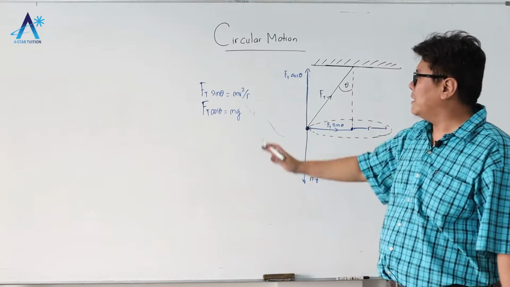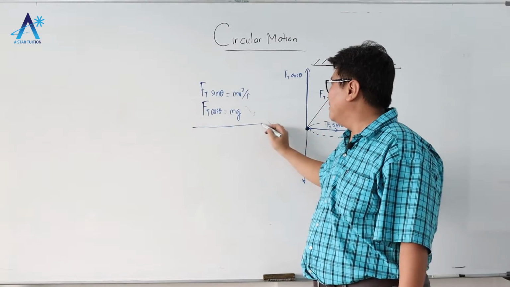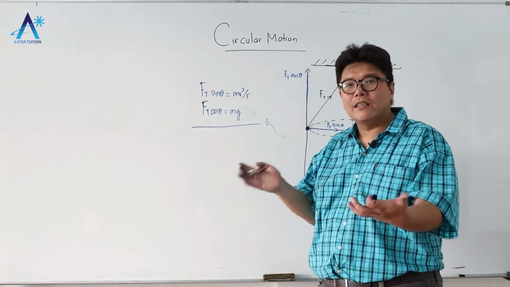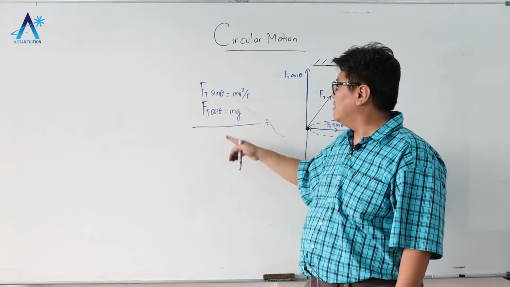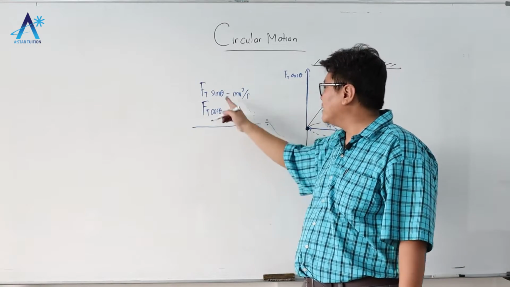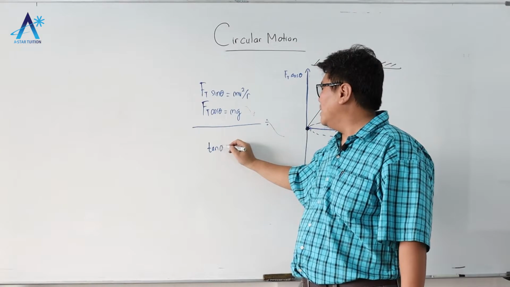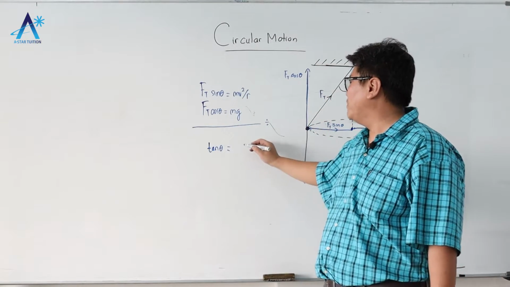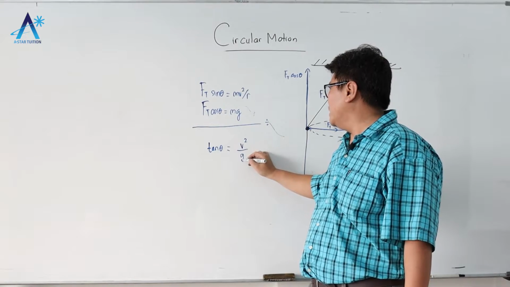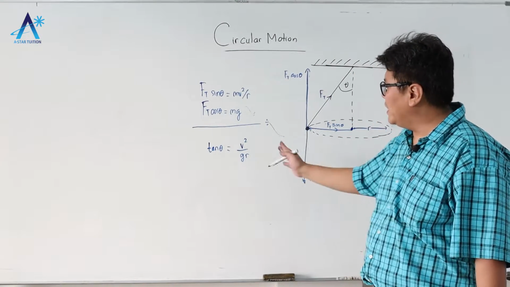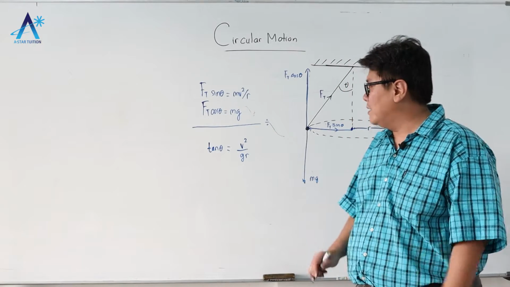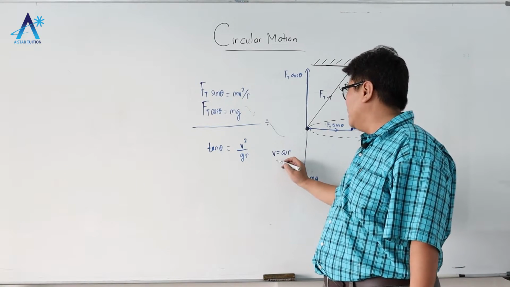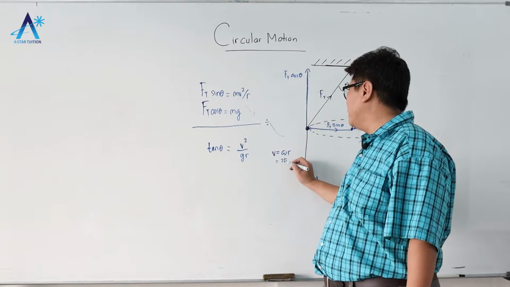Now we can do some manipulation algebraically by dividing these two equations, in which case the Ft cancels. And you only have sine over cos, and sine over cos is tangent theta, and the mass also cancels, and you're left with v squared over gr. And from here, if you want to calculate the period, again use v equal to omega r, and we can write down omega as 2 pi over period.